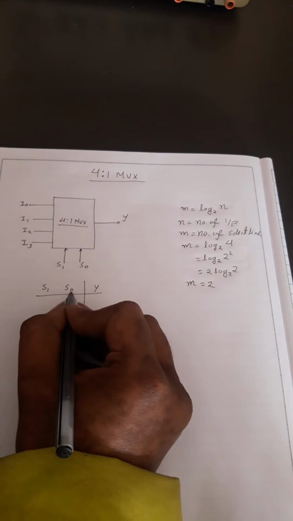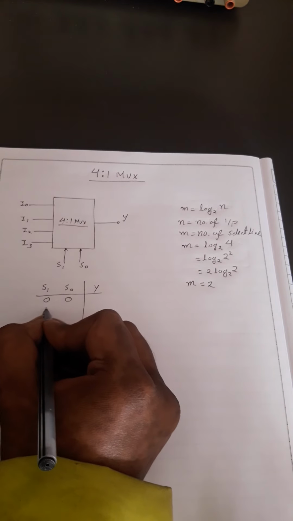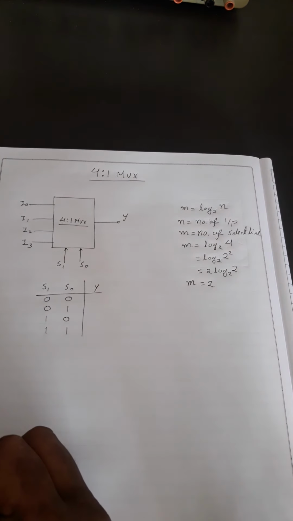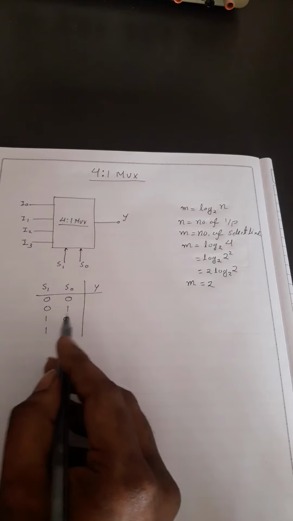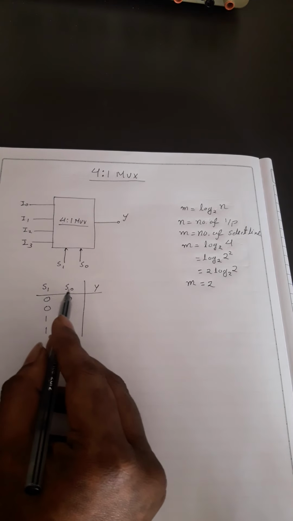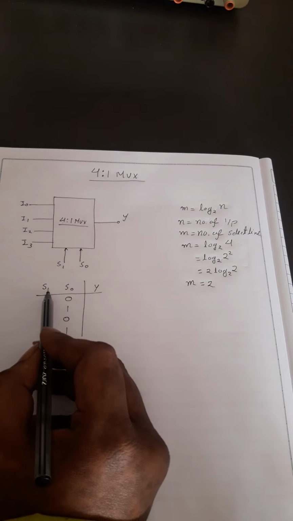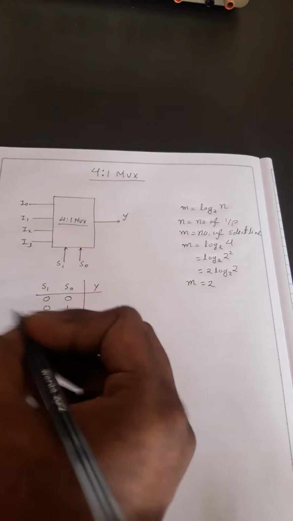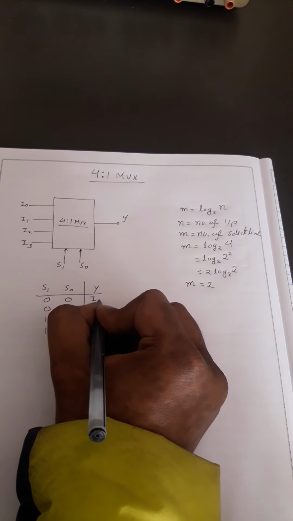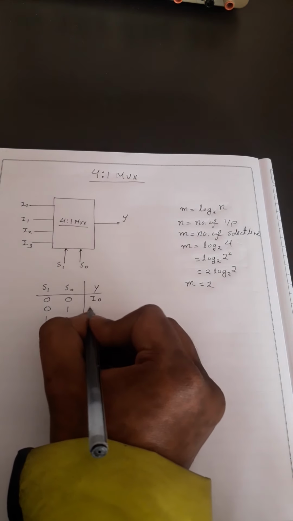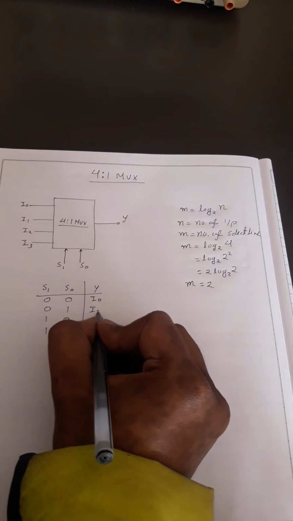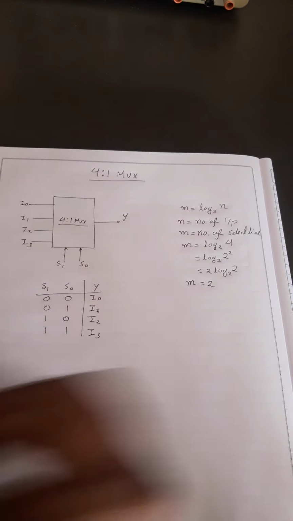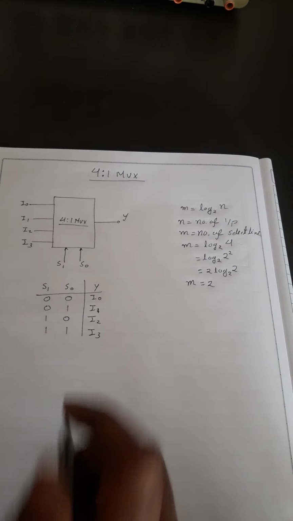We have 2 variables, so the number of combinations will be 4: 00, 01, 10, 11. When S1 is 0 and S0 is 0, the first input, I0, will be selected. Then I1 will be selected, and then I2, and then I3 will be selected. So this is the table.